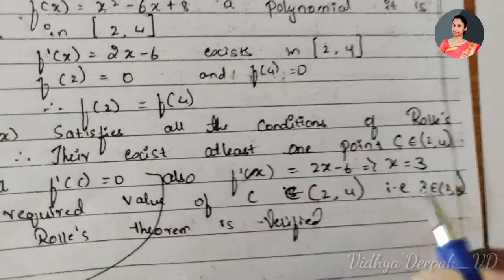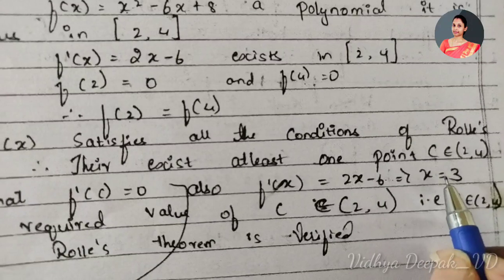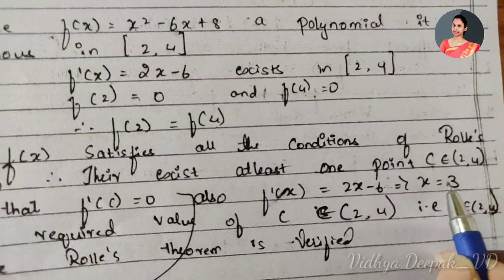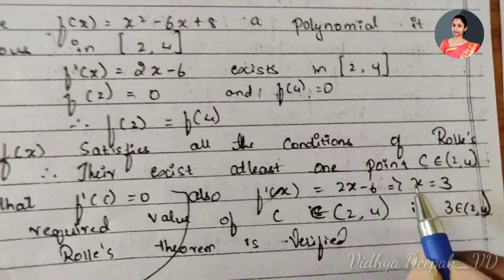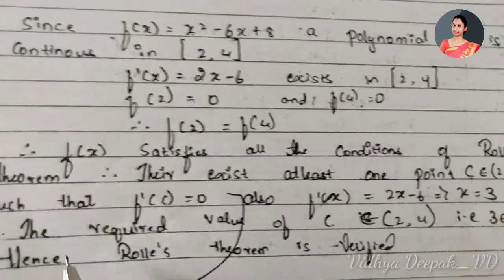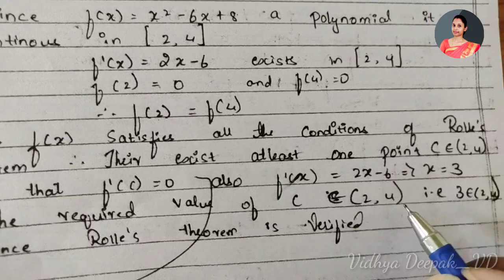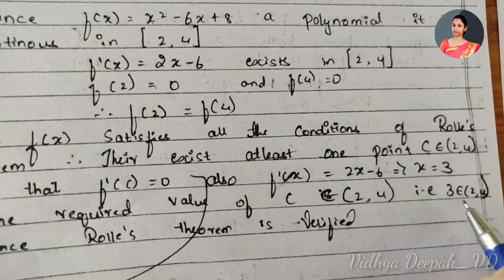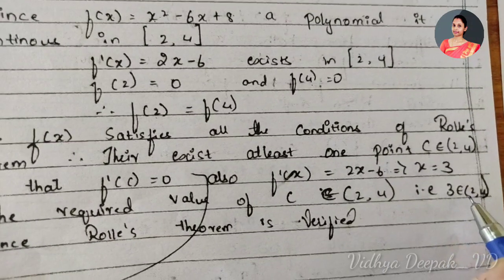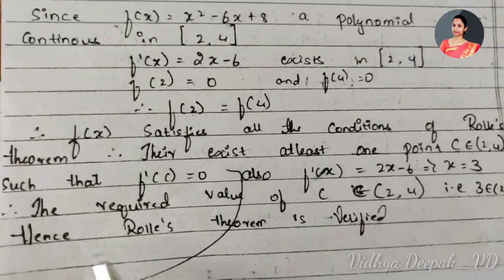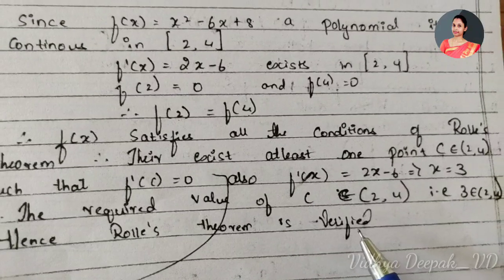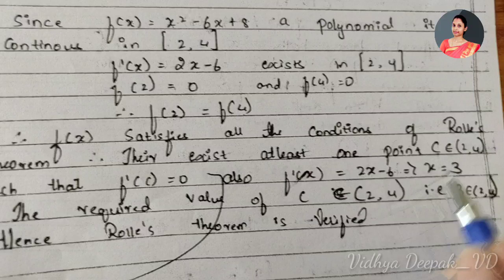So what did we get here? x is equal to 3. Since x is equal to 3, we know x is equal to C, right? So the required value of C which belongs to the closed interval 2, 4, that is 3, belongs to 2, 4. Yes, right? Hence Rolle's theorem is verified. So f dash of C is equal to 0.